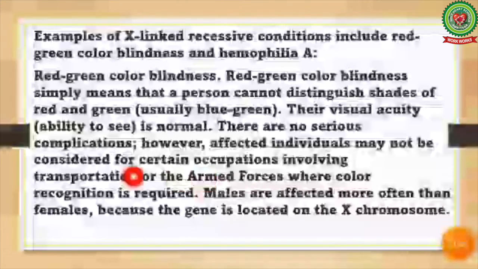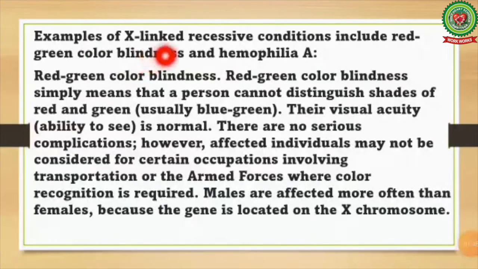Now discussing examples of X-linked recessive condition, which includes red-green color blindness and hemophilia A. Red-green color blindness simply means that a person cannot distinguish shades of red and green, usually blue-green.